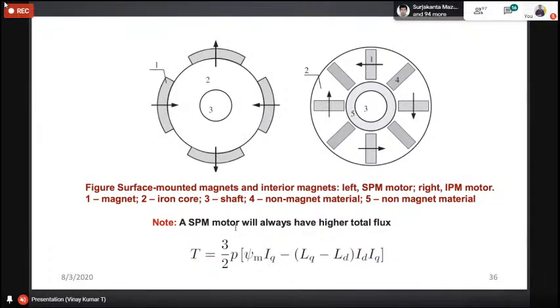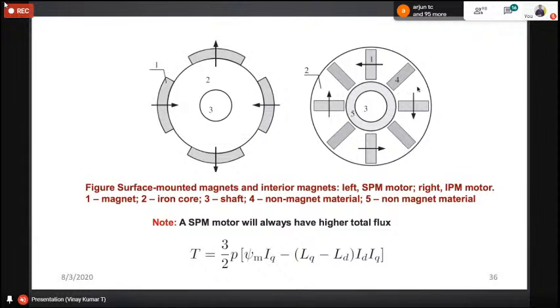The applications of the interior permanent magnets are also many. Why? Because mechanically, the rotor core of the interior magnet machine looks cylindrical, but the surface mounted one looks salient. But with respect to magnetic flux, the salient structure is treated as a cylindrical machine.